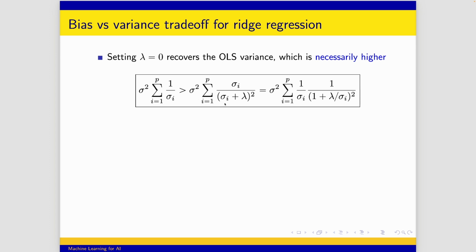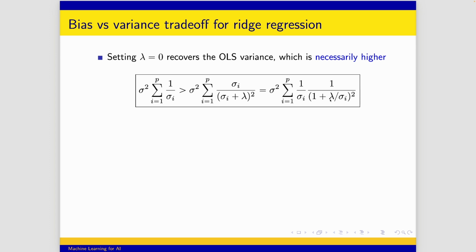Now let me take sigma I as a common factor here and rewrite that like this. So this is the same thing as this. I'm just using sigma I as a common factor here. It comes outside, sigma I squared cancels with one of these sigma I's, and we get 1 over sigma I, and this factor.